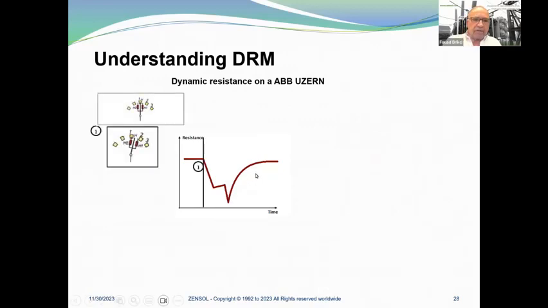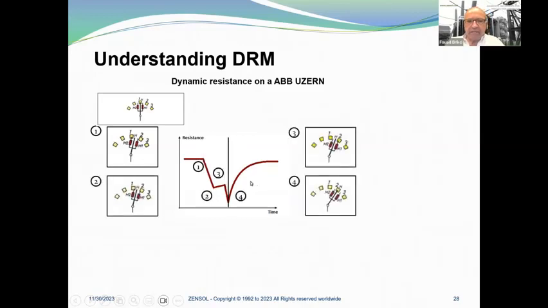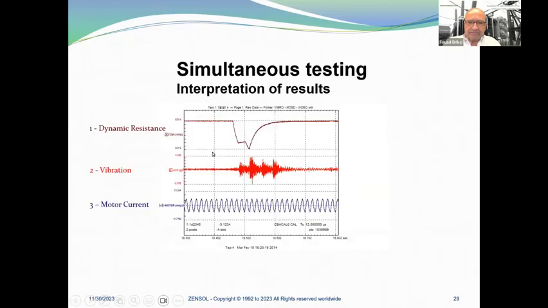So here we are moving from tap 1 to tap 2, and here it's typically a well-known curve for the dynamic resistance.